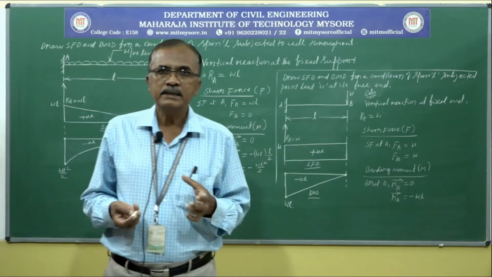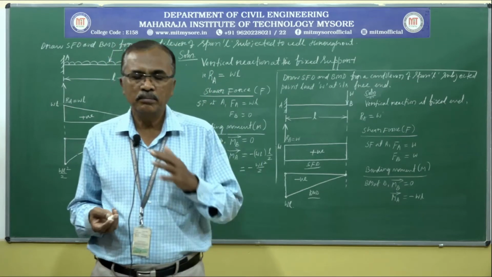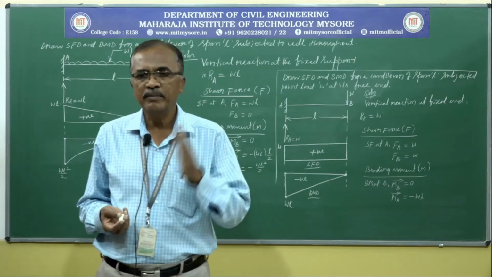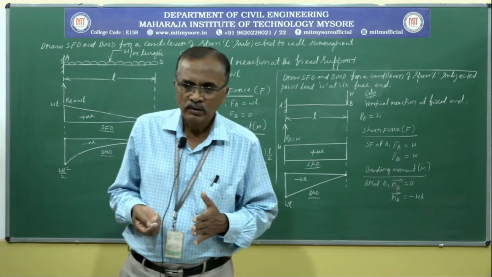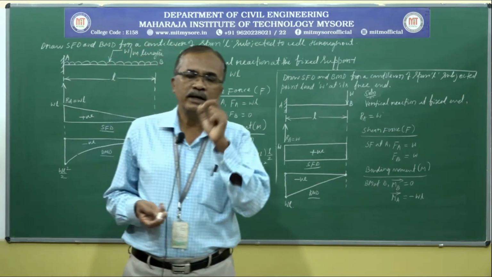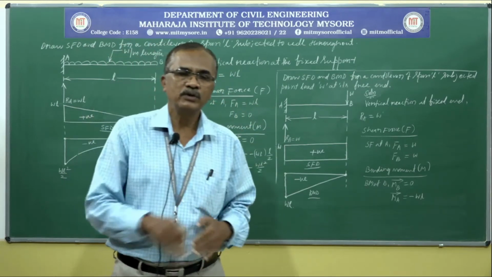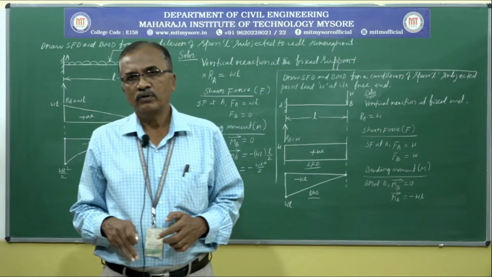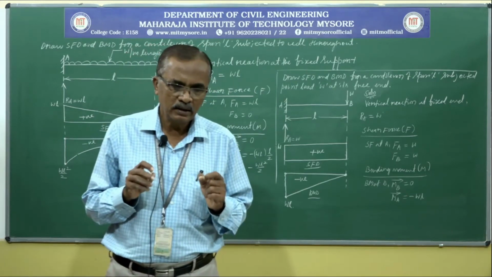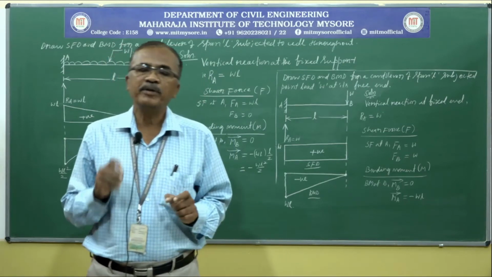So for all these cases, we can find out the maximum bending moment and the point of maximum bending moment. Also, we can locate where the shear force diagram changes its sign from positive to negative or negative to positive. Also, we can find out the location of the change point of bending moments.